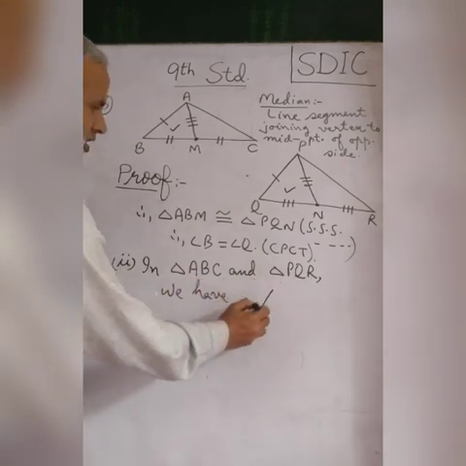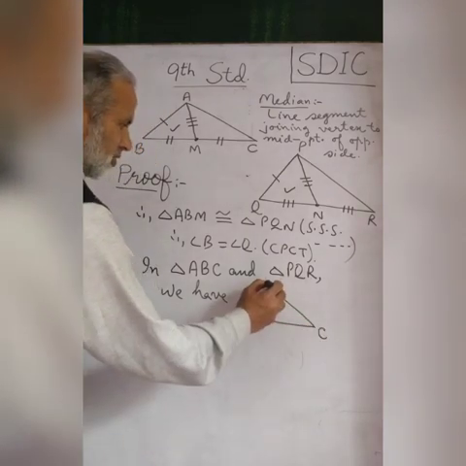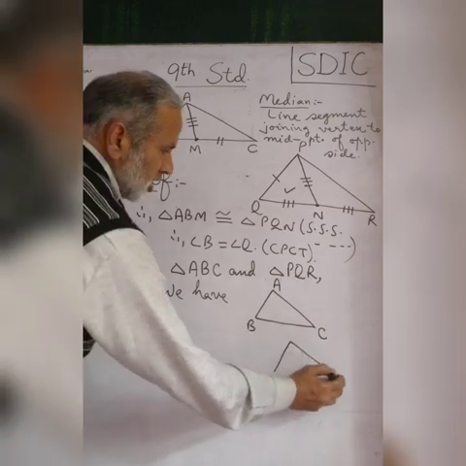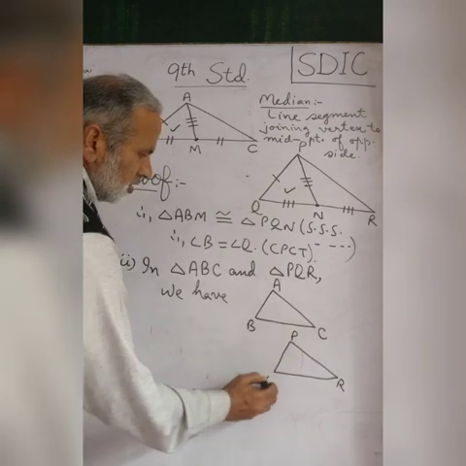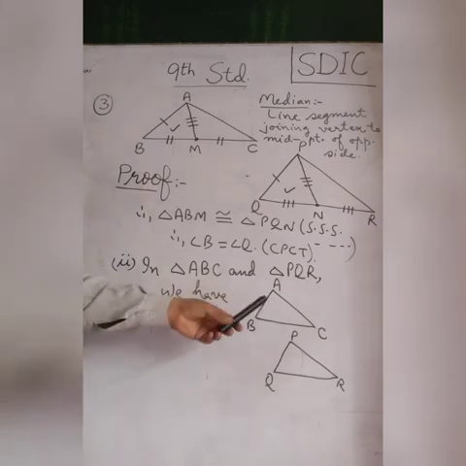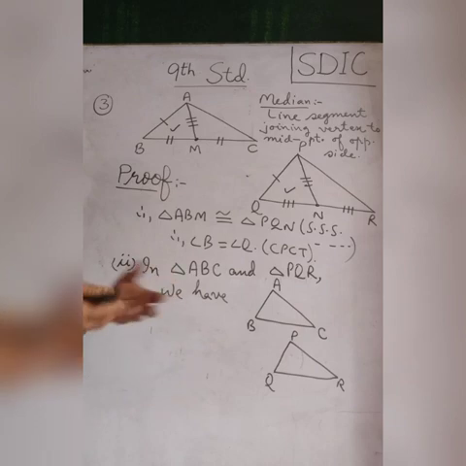This is the first one, ABC triangle. This is the second one, PQR triangle. To prove their congruency, let us find out which elements of the first triangle are equal to the corresponding elements of the second triangle, and you must have reasons for that.